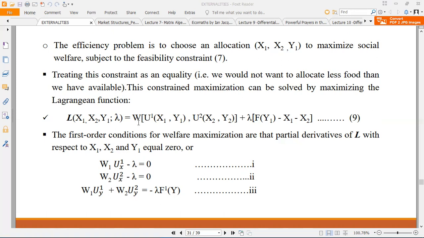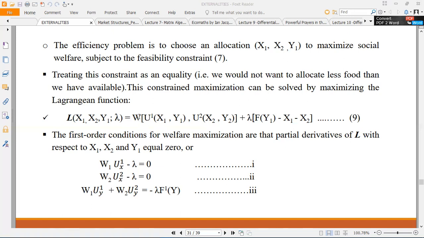Now we are differentiating the welfare function with respect to U1, we get our W1, then U1 with respect to Y1 gives us U1Y. Then, for the second individual, though you don't want to consume Y, you cannot avoid the effect of that consumption. So definitely when person 1 consumes Y, there is also an effect there.